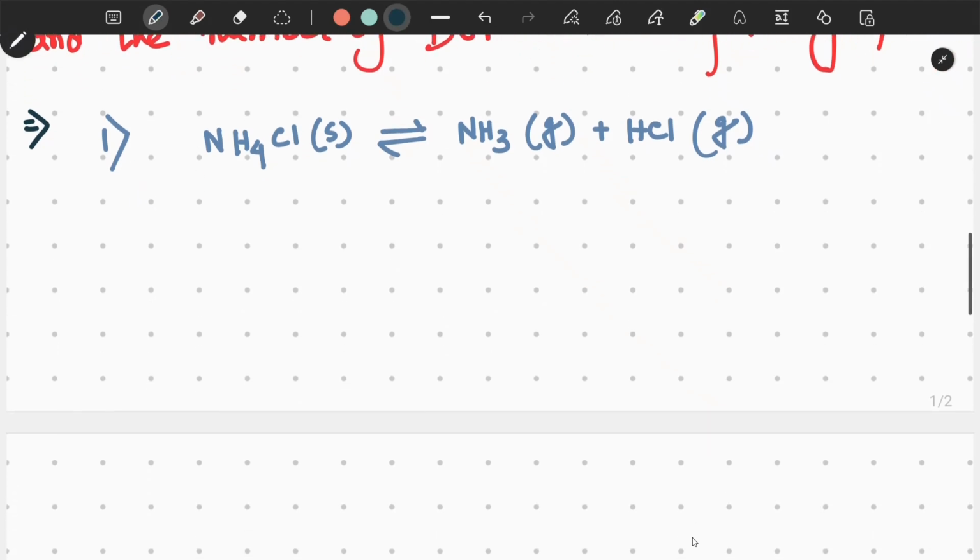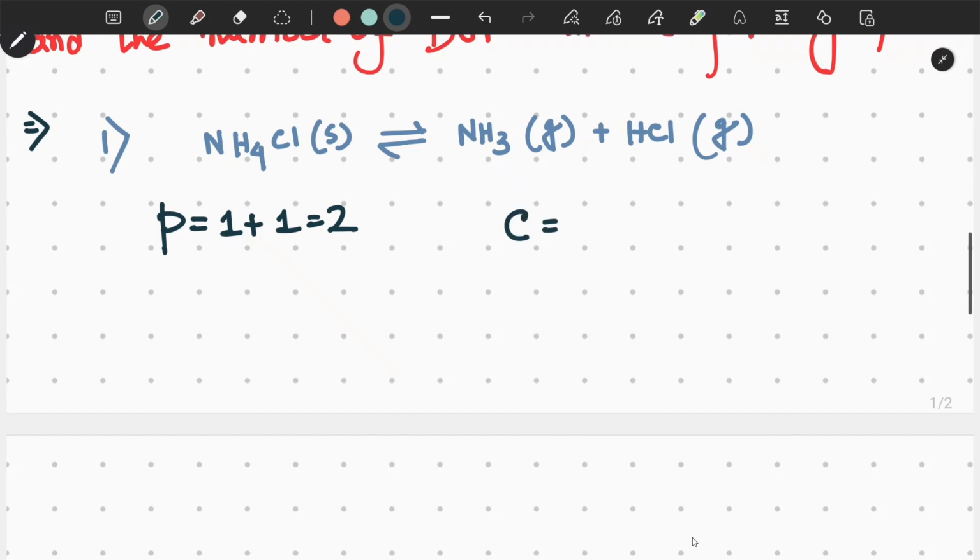So let's always start with phase. How many phases are there? Solid and gas, two. Exactly. And what is the number of components here? 3. 3 minus 1, 2.